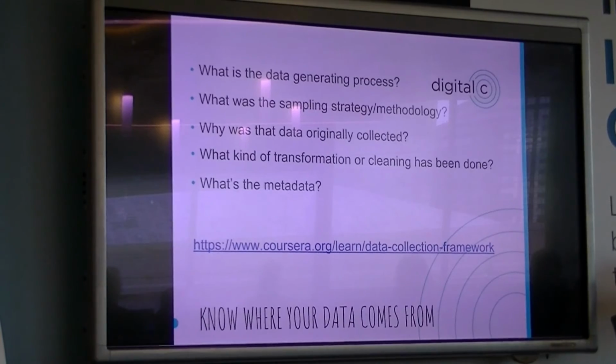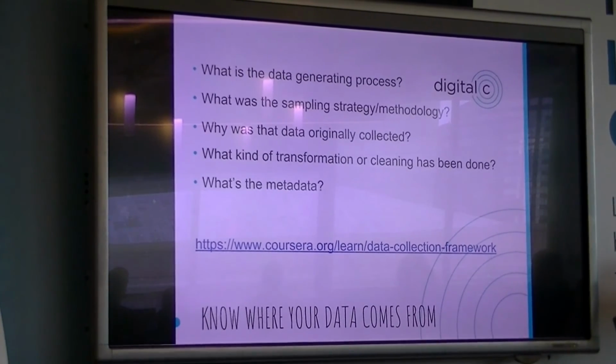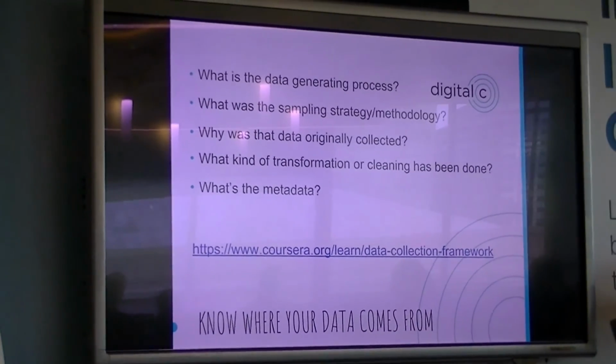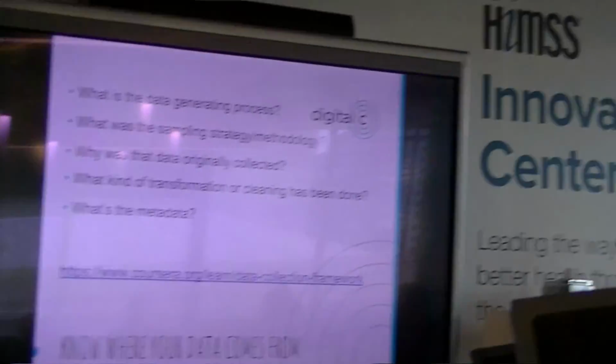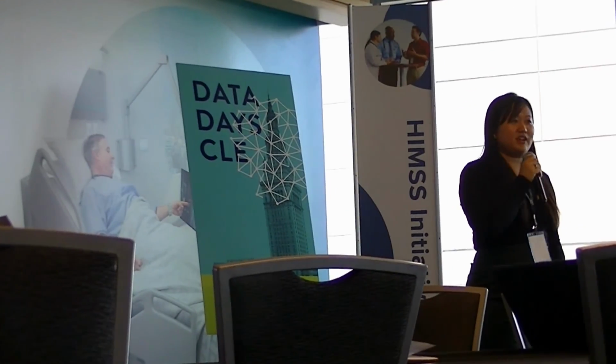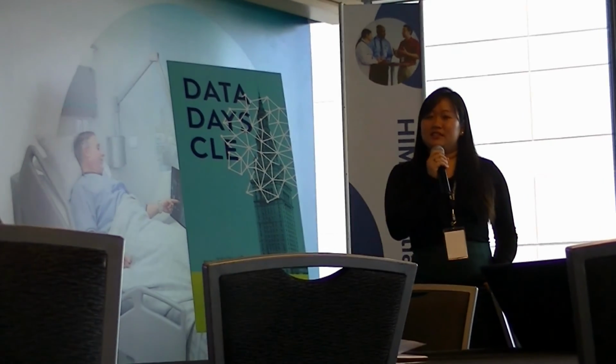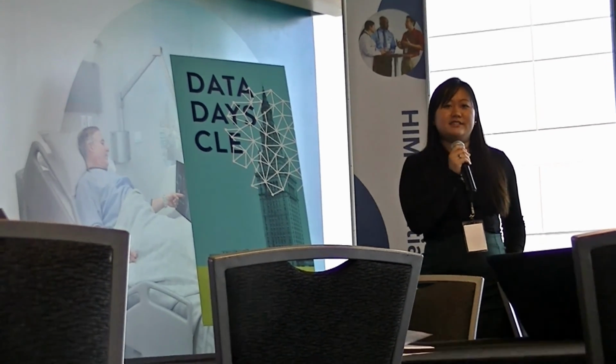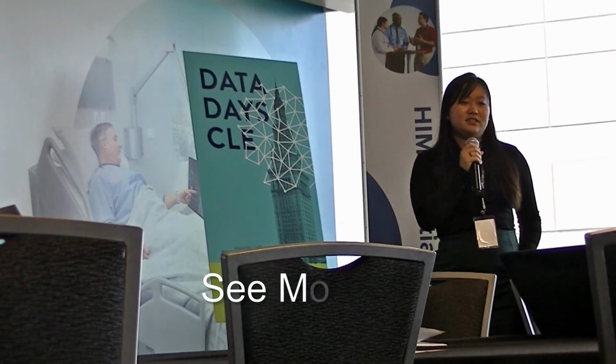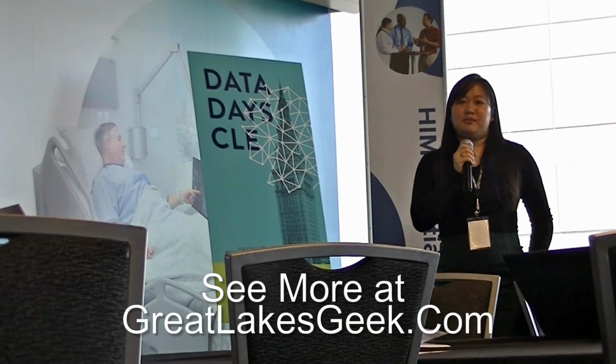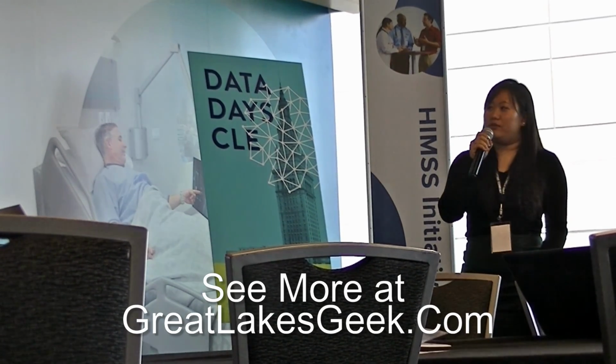What kind of transformation or cleaning has been done, and what's the metadata? I think I linked a Coursera course on data collection frameworks, which I think is very valuable for this, but essentially what I'm getting at here is that if you understand typical contexts in which there can be bias, then that is a very, very helpful thing.